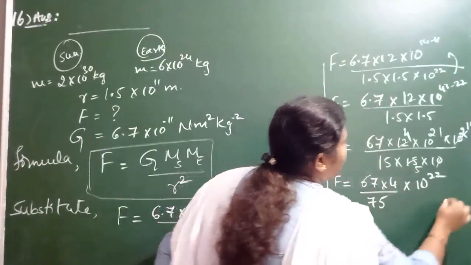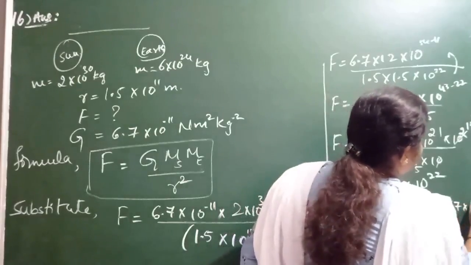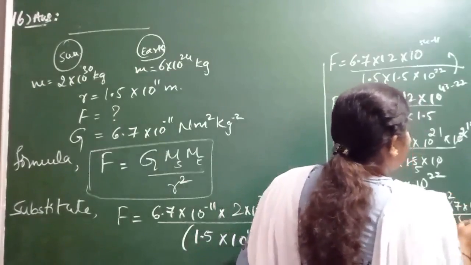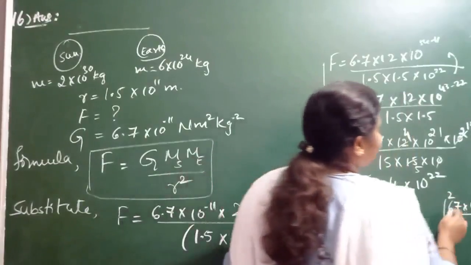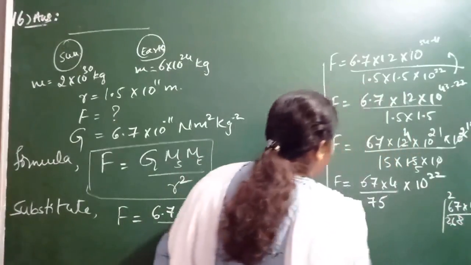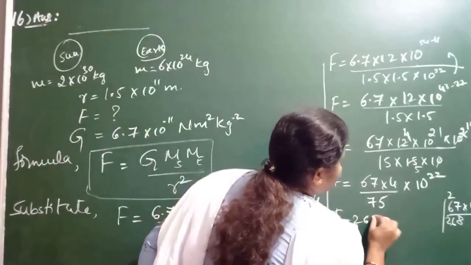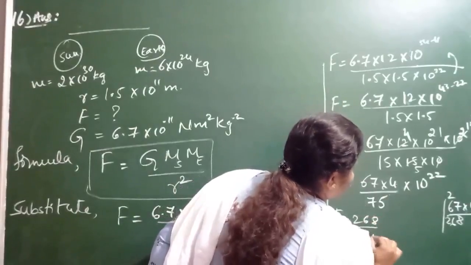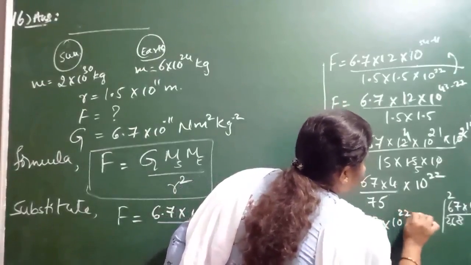67 into 4, what is the value? 4 7s are 28, 4 6s are 24, 25, 26, so F is equals to 268 divided by 75 into 10 to the power of 21.